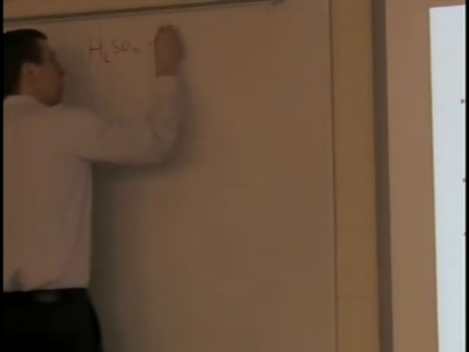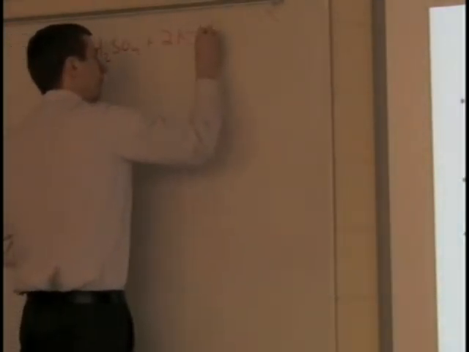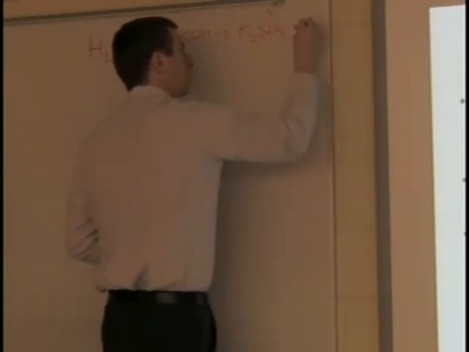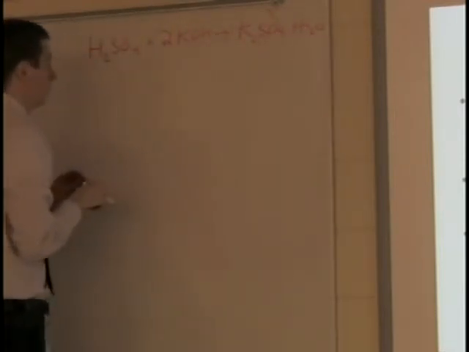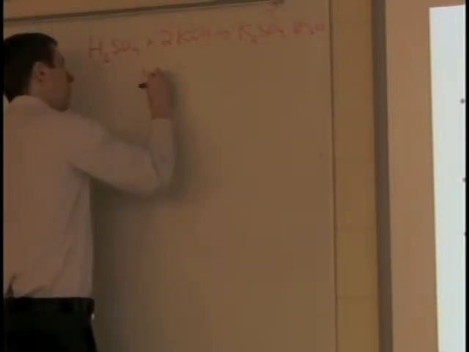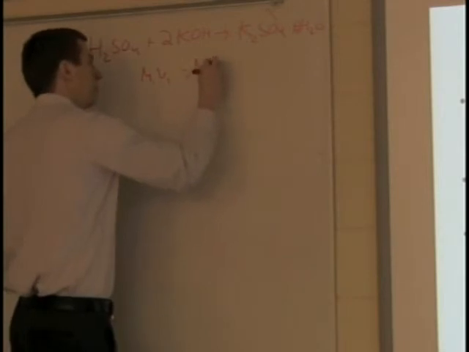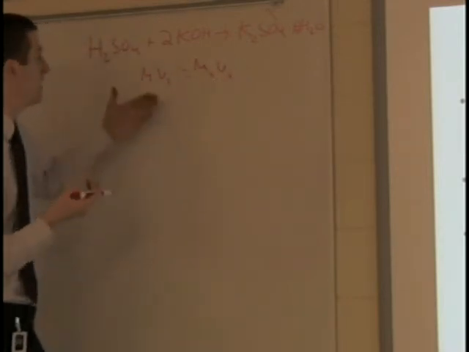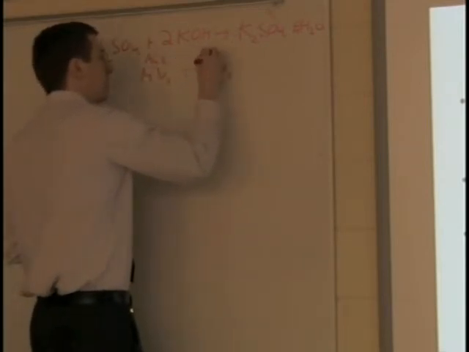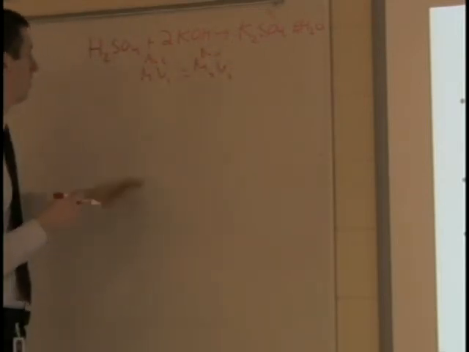H2SO4 plus 2KOH makes K2SO4 plus H2O. The next thing I'll do, and I put a 2 in front there, is my M1V1 equals M2V2. But instead of this being initial and final, I'm going to treat this as acid must equal out the base. So the moles of acid should equal the moles of the base.